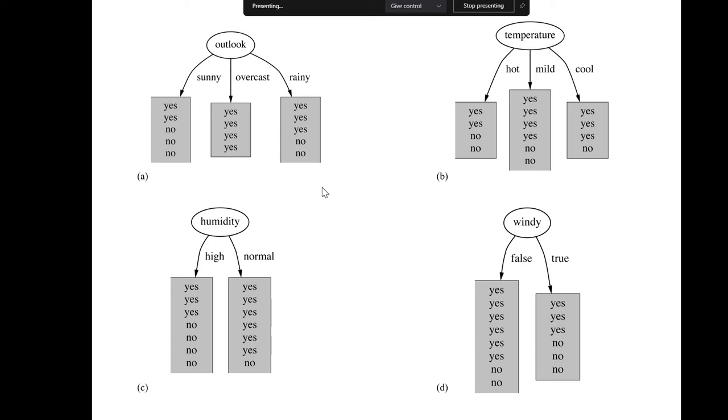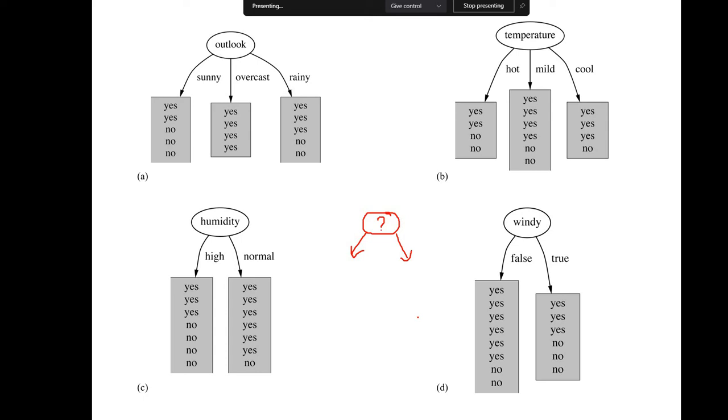Now we have 4 attributes. Now to create a decision tree from this, we have to decide. Now decision tree is something like a tree. You put a root node and then you make the branches. Now the question is which attribute I should put as the root node. Can you think of something?